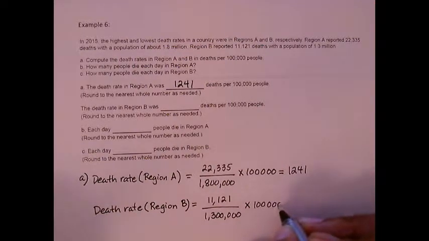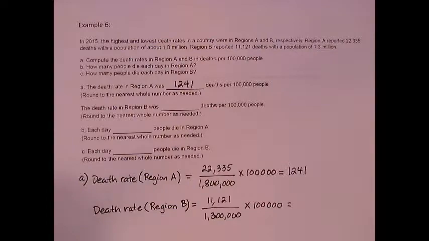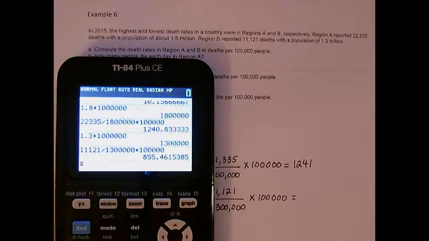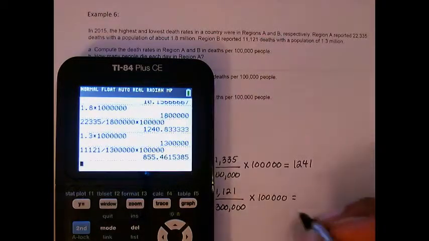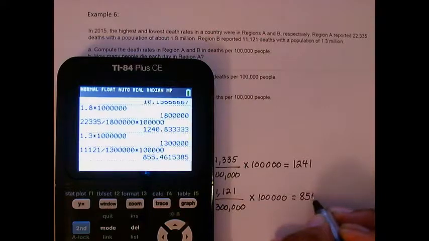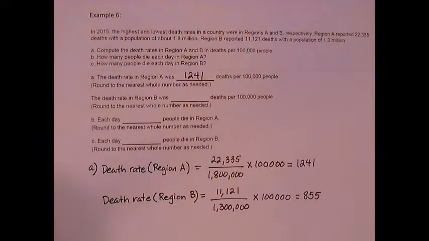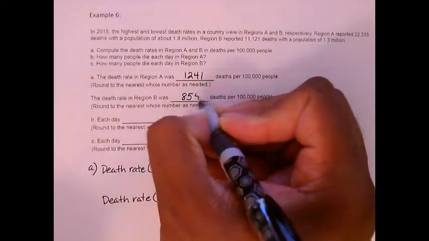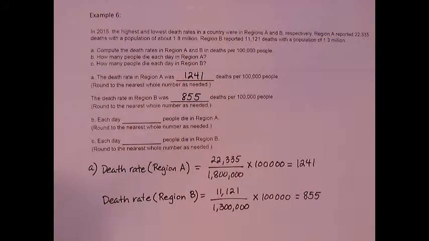Then I'm going to multiply that by 100,000 because I want that as deaths per 100,000 people, as indicated in the problem. So if I do 11,121 divided by 1,300,000 times 100,000. To the nearest whole number, that will be 855. So the death rate in region B was 855 deaths per 100,000 people.